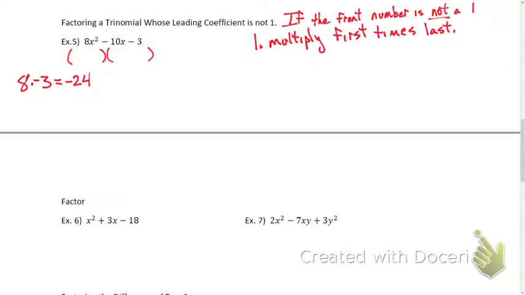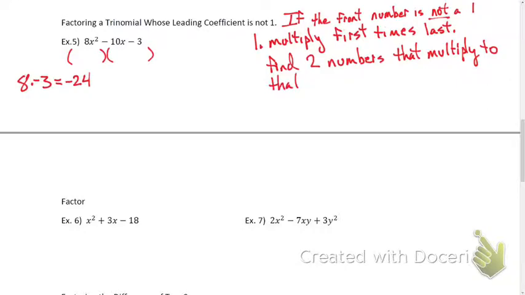So that negative 24, I need to find two numbers that multiply to that product, and by that I'm talking about that.